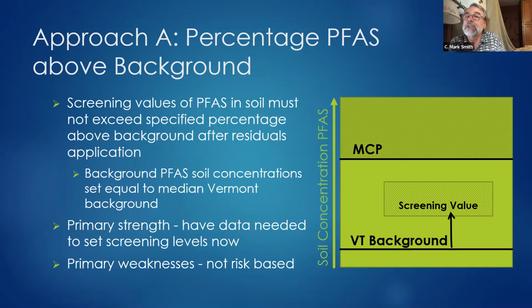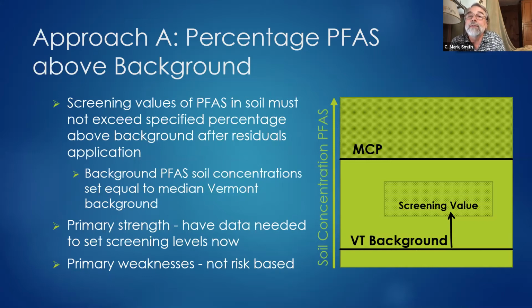This is somewhat analogous to the approach used to establish the MCP standards, where the 90th percentile value for background was chosen as the maximum limit for the concentration of these PFAS in soils. We used for the MCP approach the Vermont background data that Paul discussed previously. We used that information because it was available. It was a pretty comprehensive data set.